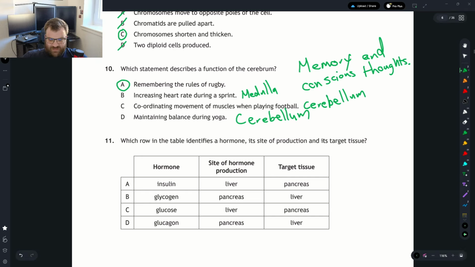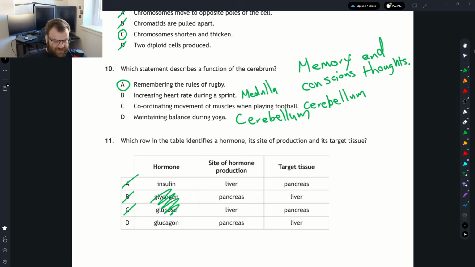Next one, we're talking about hormones and their production site and its target. Okay, when dealing with blood sugar levels, insulin and glucagon are the hormones. Glucose and glycogen are the chemicals that are converted between one another due to insulin and glucagon. Those are both made in the pancreas.